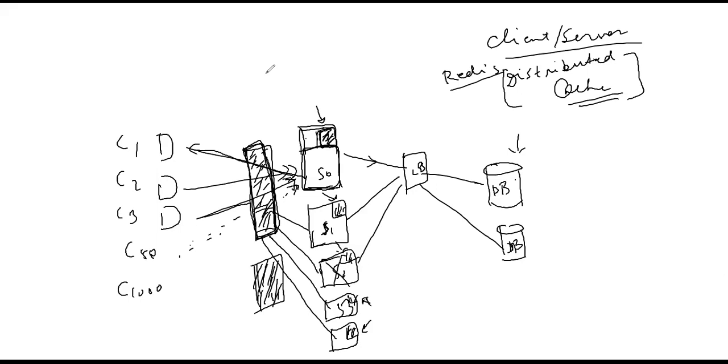So now all these servers can look at this distributed cache: hey, is this here? If this is here, then we will not even make a request to the database server and we can return the response.